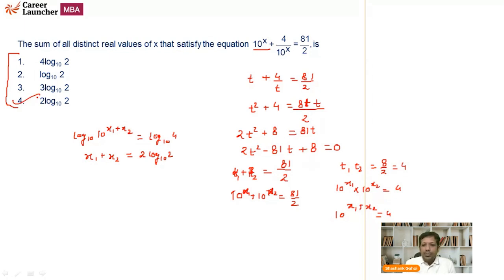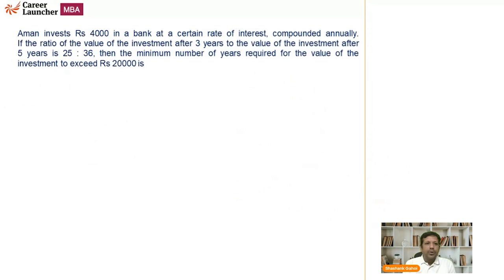Okay, now let's move on to the next question, question number 21. Now, let's see this question. What does it say? I'm going to invest 4,000 in a bank at a certain rate of interest compounded annually. If the ratio of the value of investment after 3 years to the value of investment after 5 years is this. Okay, so after 3 years, the amount is going to be 4,000 into (1 plus r by 100) power 3.